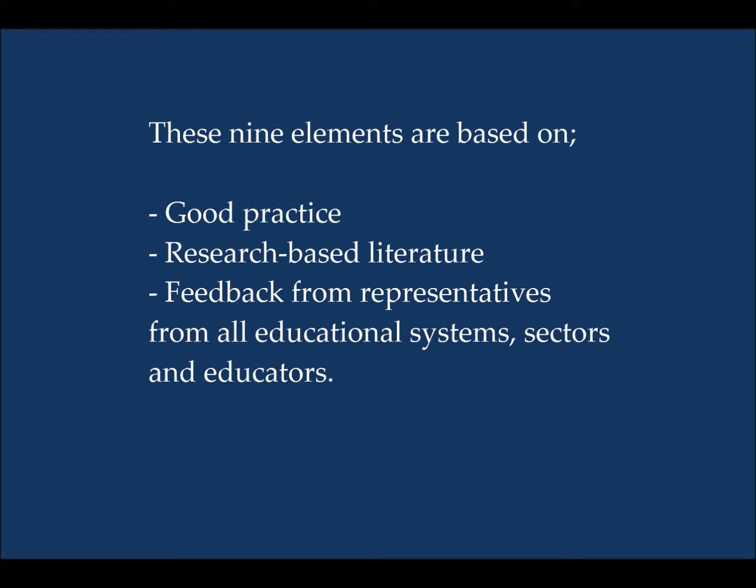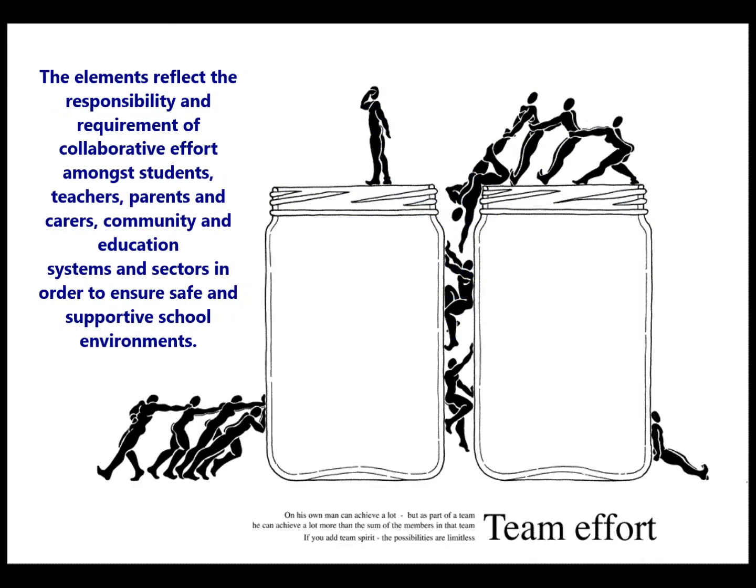These 9 elements are based on good practice, research-based literature, feedback from representatives from all educational systems, sectors and educators. The elements reflect the responsibility and requirements of collaborative effort amongst students, teachers, parents and carers, community and education systems and sectors in order to ensure a safe and supportive school environment.